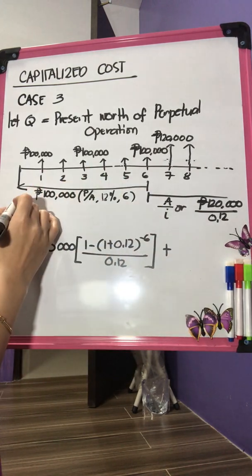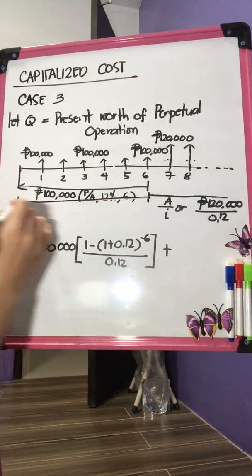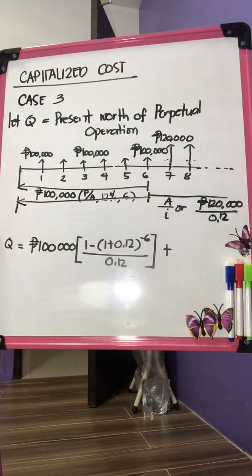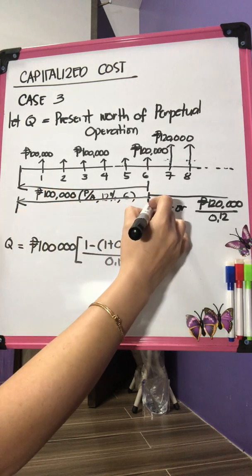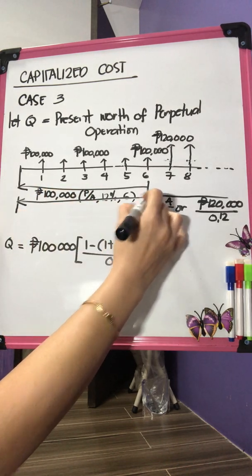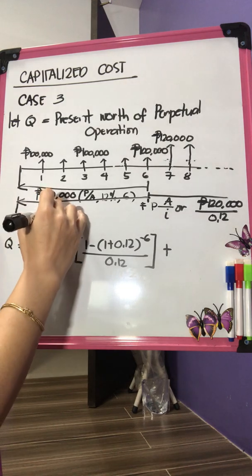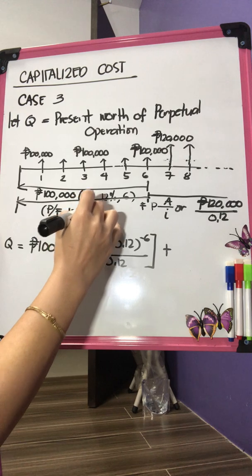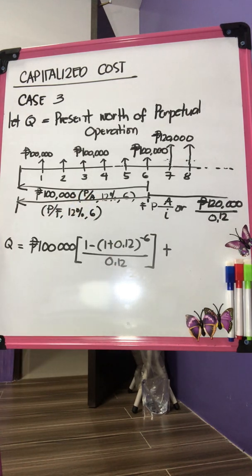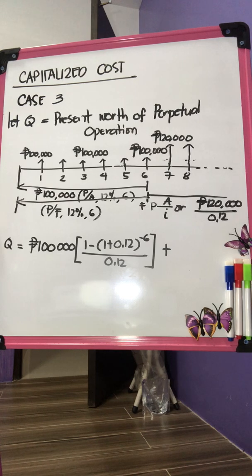So, meaning, kailangan ibabalik nyo pa siya pabalik dito. So, P niyan dito, gagamitin natin yan as F. So, we're going to determine P given F at 12% for 6 years. Parang ito, kinumbine natin yung perpetuity and deferred annuity.